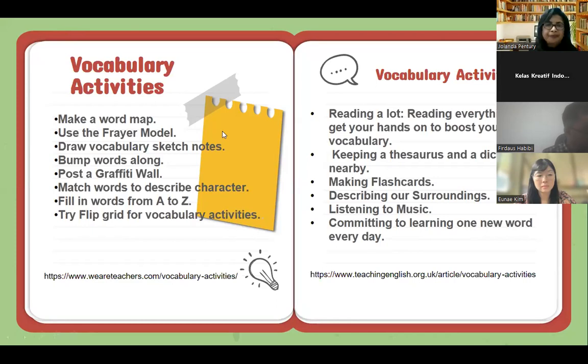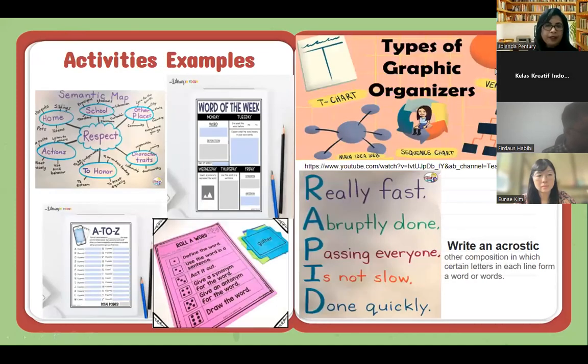Next. Now, these are examples of activities. The first is a semantic web or semantic map, or we can use mind mapping to brainstorm ideas. We give the word, and then they find as many related words as they can.